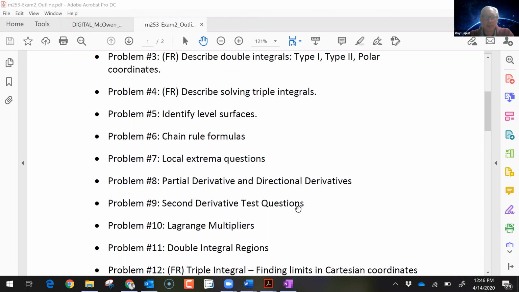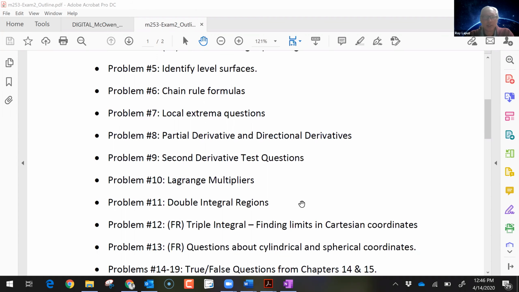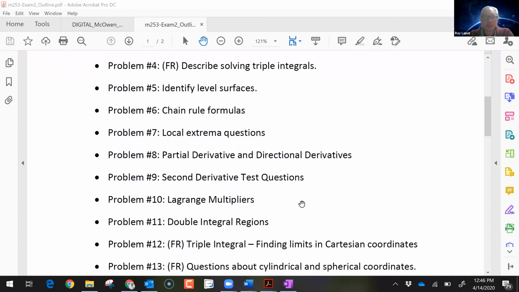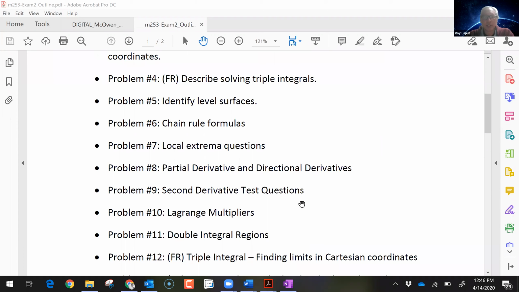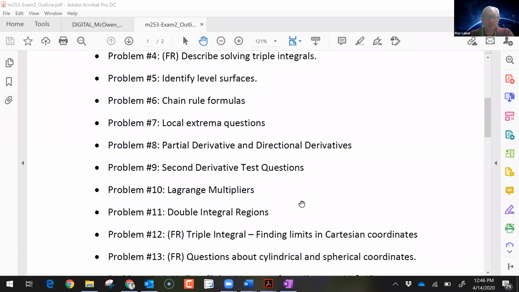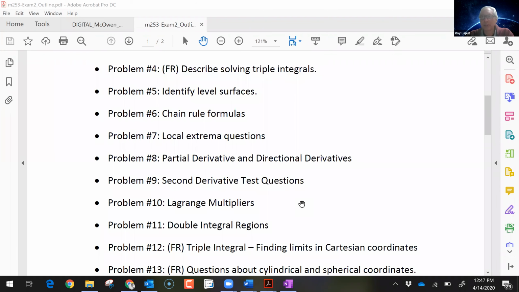Let's see. Are any of these things standing out as anything that you want to take a look at from maybe number 5 through 11 here?